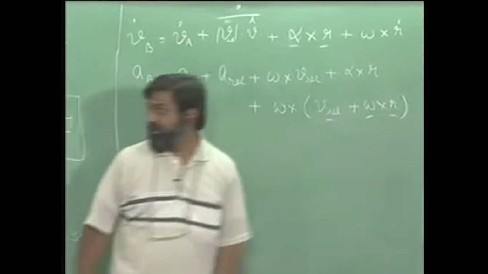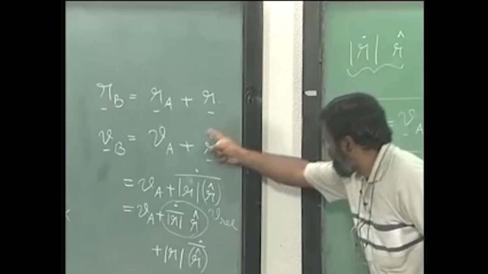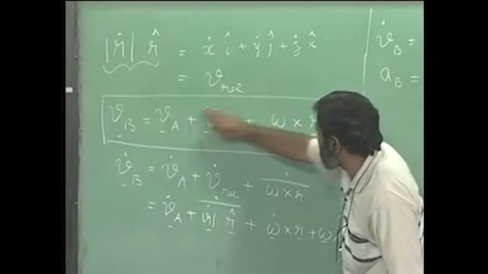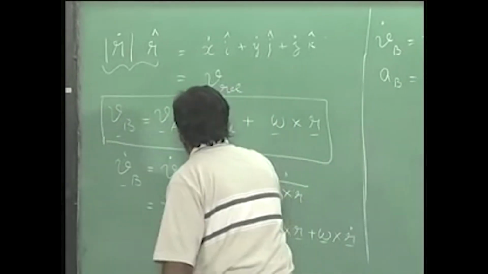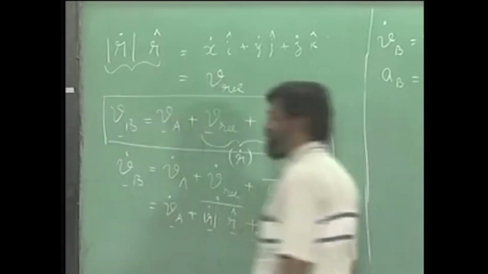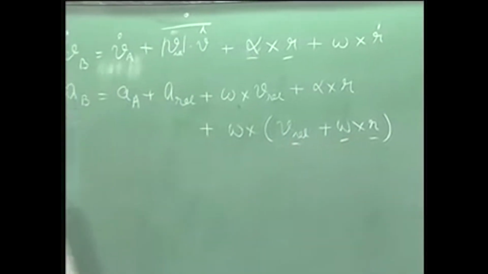This is clear because if you look at this particular expression, r dot manifests as V relative plus omega cross r. And that is how it manifests.